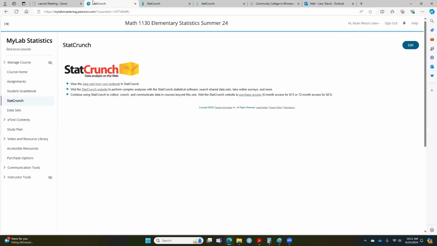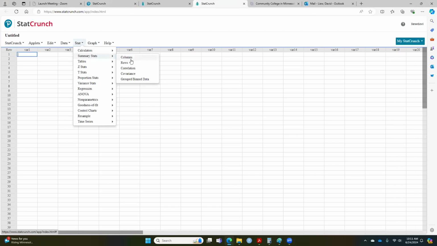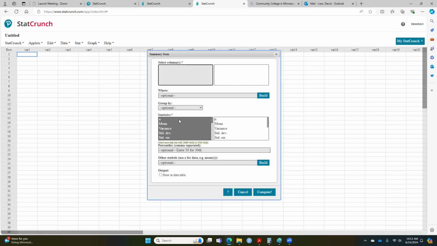So in StatCrunch, if you go to Stats, Summary Stats, Columns, right over here is your Control A. Right underneath the Control A, the statistics, do you see the word percentile underneath it? This is where you put your percentile. If you want to find the 30th percentile, you just put 30.